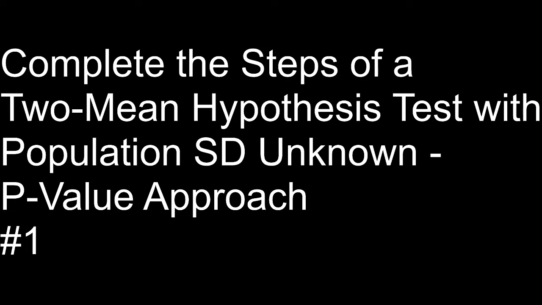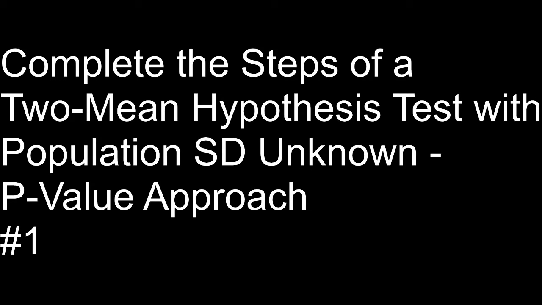This video is on the objective: complete the steps of a two-mean hypothesis test with population standard deviations unknown. So that means that you'll eventually make use of the Student's t-distribution, and your test statistic will be a t-score.